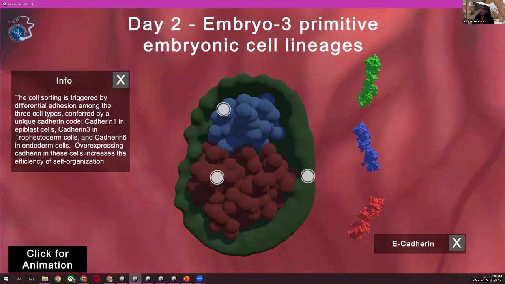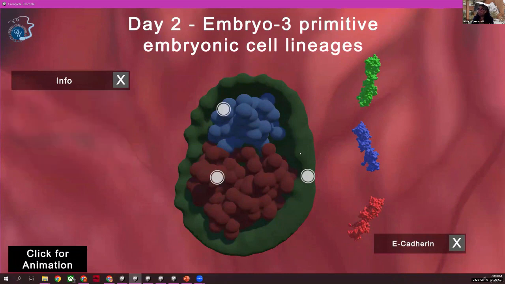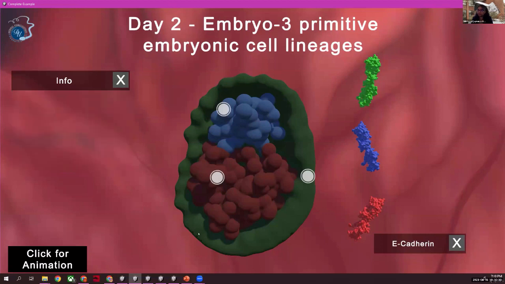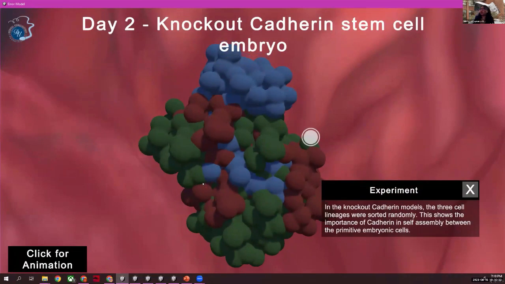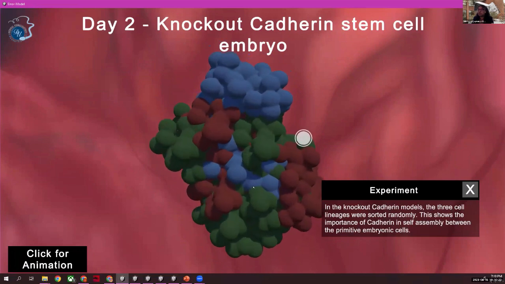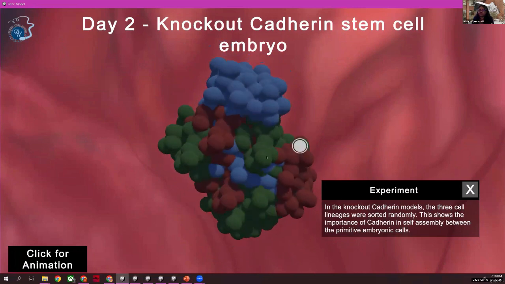Then we have a model that has all of the cells present, labeled, and here all of the proteins were overexpressed, which is why the experiment was successful. I have written a small information box that gives information about the experiment. Then in the knockout cadherin system where it was mis-sorted, I have an information box here as well. All of these models have the zoom in, zoom out function and the interactive play.